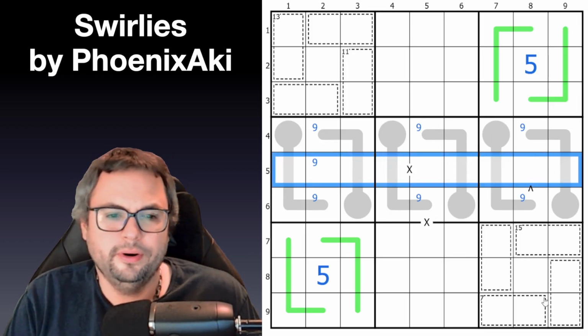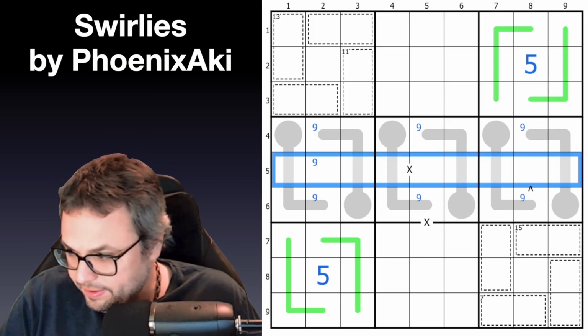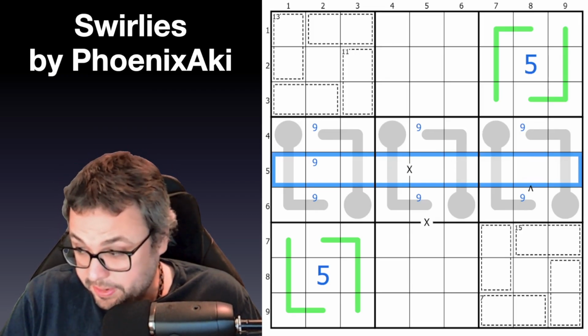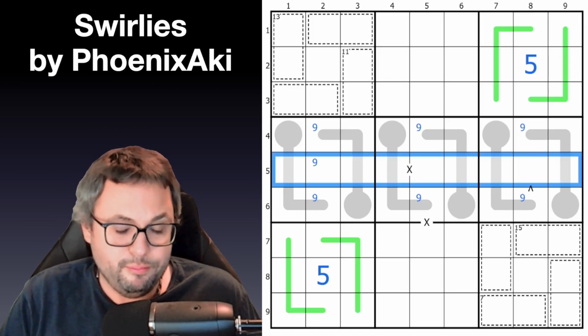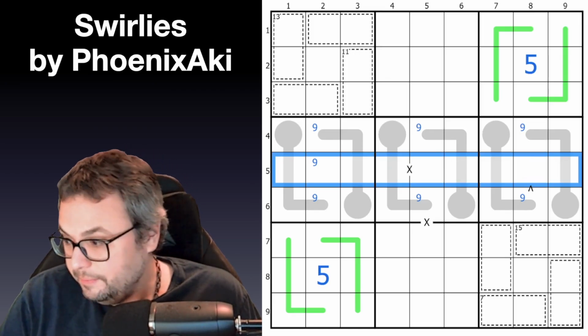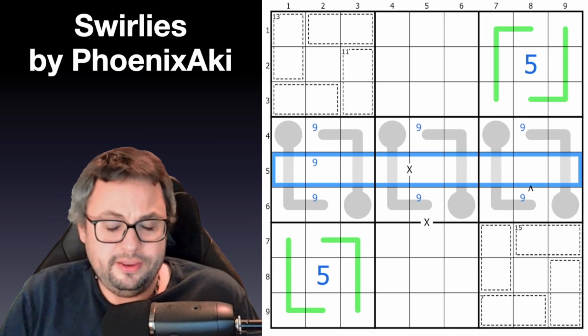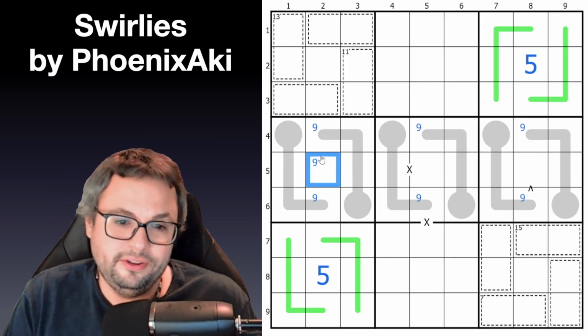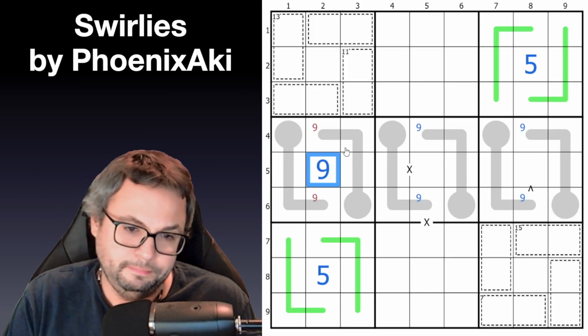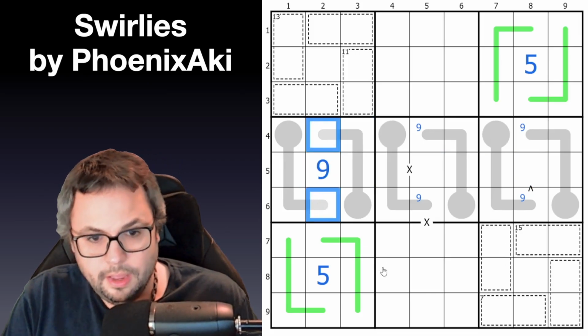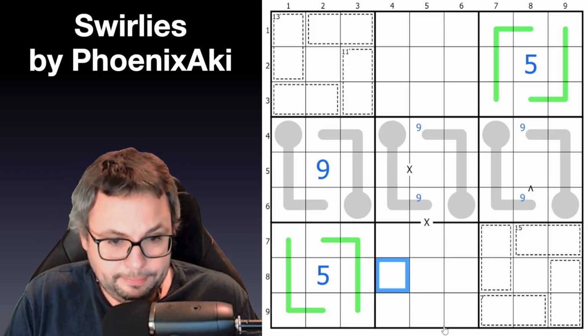In other words, the 9 in row 5 is definitely marked because I've marked all of the 9s in these 3 rows, and the only cell that's marked is that one. So there we go. So there's a 9.